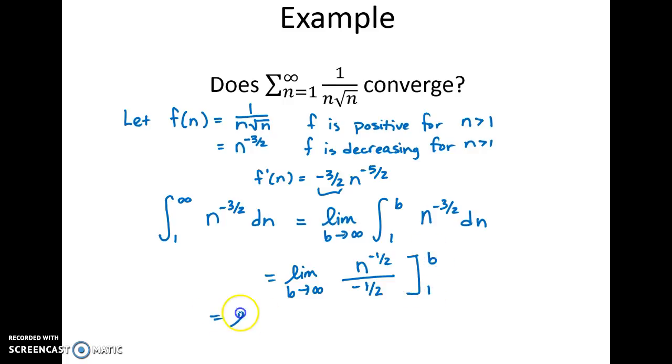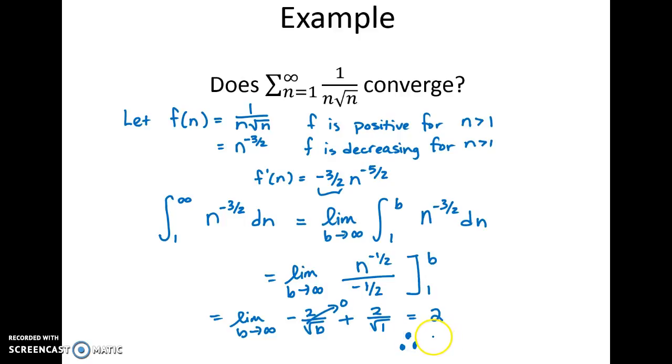So if I do that evaluation, I have the limit as b approaches infinity of negative 2 over root b plus 2 over root 1, which is 2, because this goes to 0. So the integral goes to 2. Therefore, the integral converges.